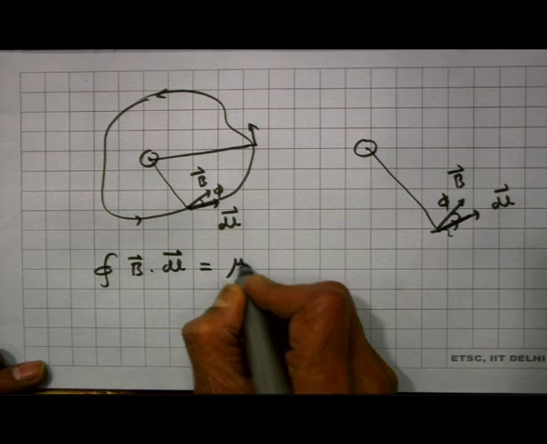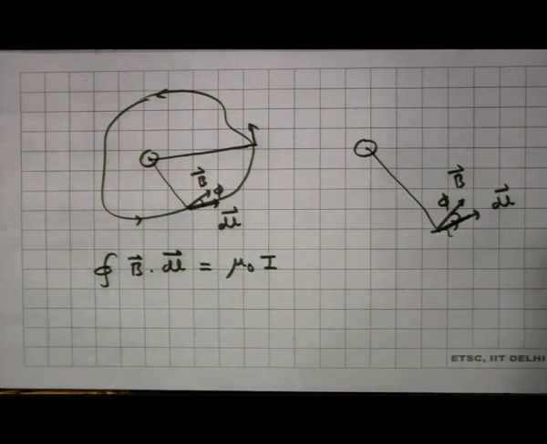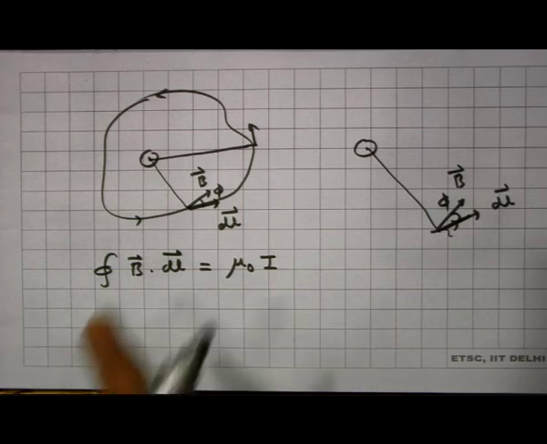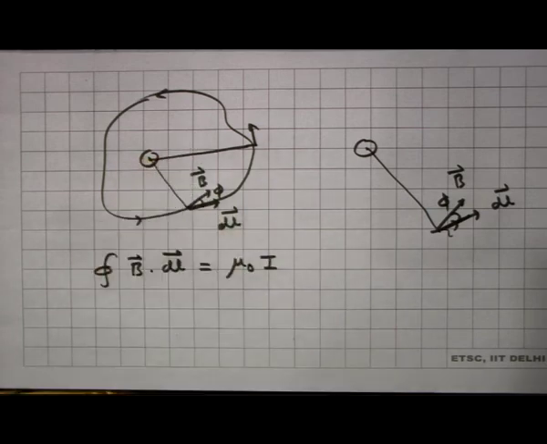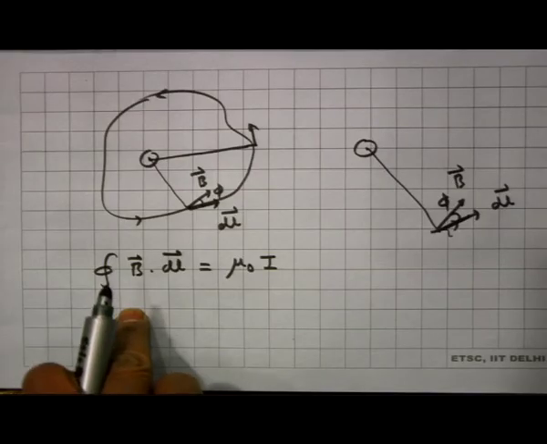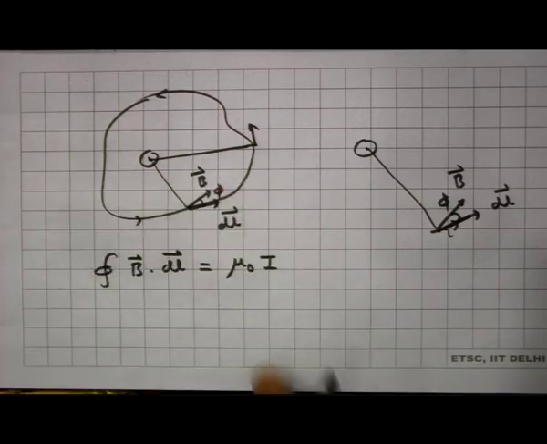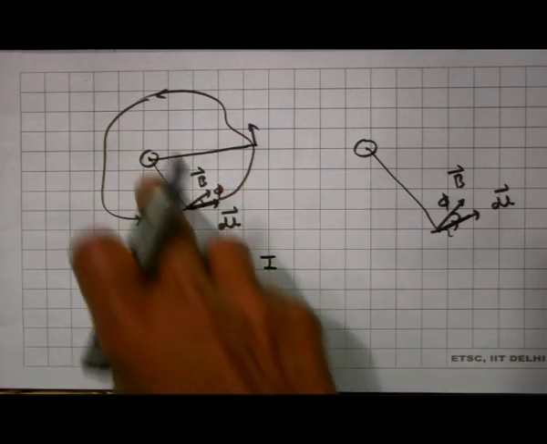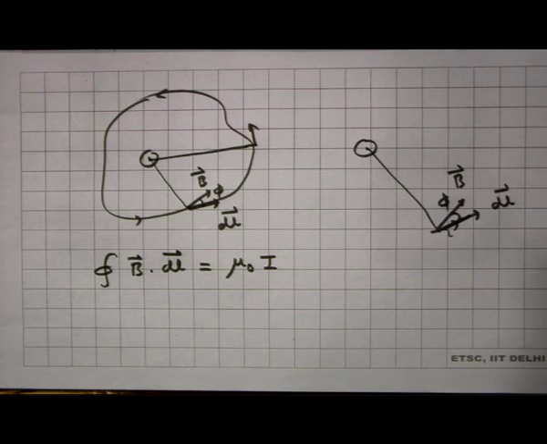I will show you that this is still equal to mu naught I, irrespective of the shape of the curve encircling this current carrying conductor, and I will do this in the next class. The total integral of B dot dl over a closed path is always equal to mu naught I, where I is the current enclosed by this path, and we will generalize this to more interesting problems. This is what is called Ampere's law.